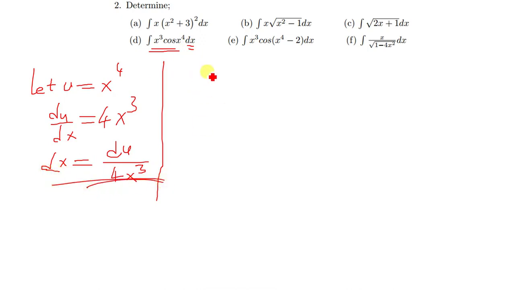So I'm going to have the integral of x to the power 3, then cos u, and then times, where there's dx, I'm going to put du divided by 4x to the power 3.